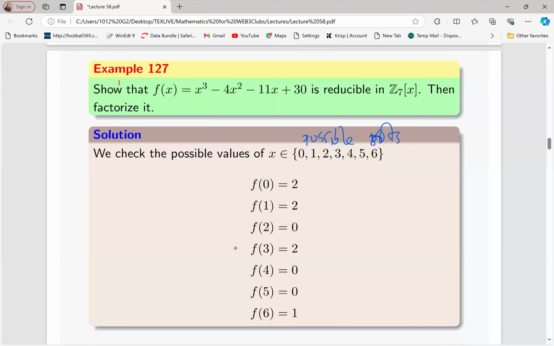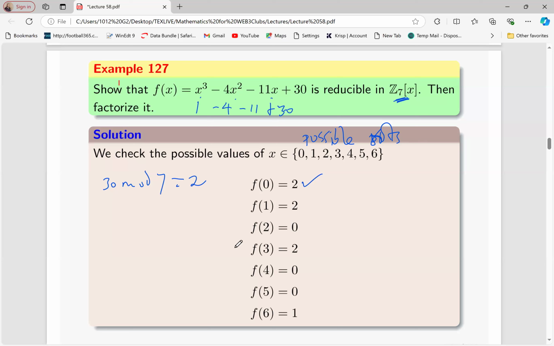So I try 0. Where x is, put 0. So I'm left with 30. 30 mod 7 is 2. Okay, now try 1. This will be 1 cubed minus 4 minus 11 plus 30.